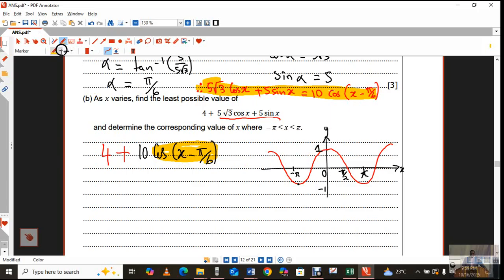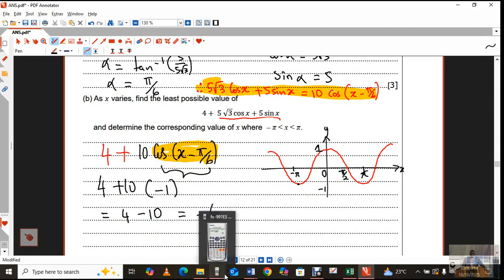So this now implies that this can actually be written as 4 plus 10, and this part of the graph is actually at negative 1, because that's the least part of it. So at the end of the day, I've got 4 minus 10, which gives you negative 6. And negative 6 will be the least value.